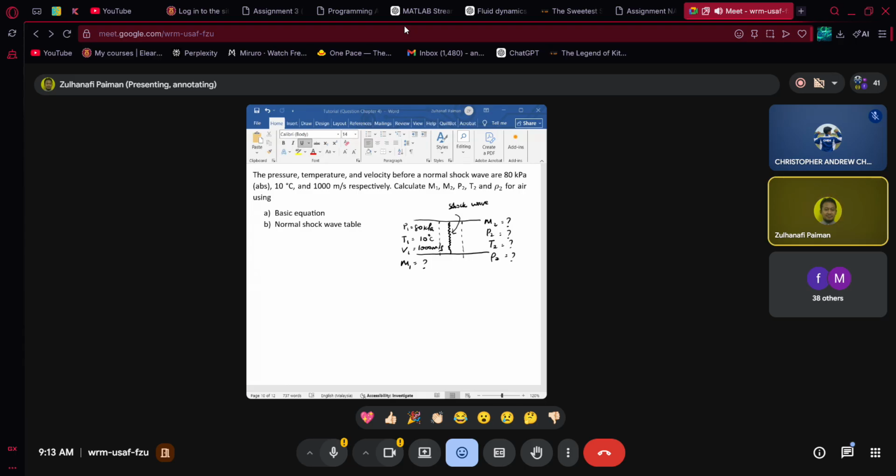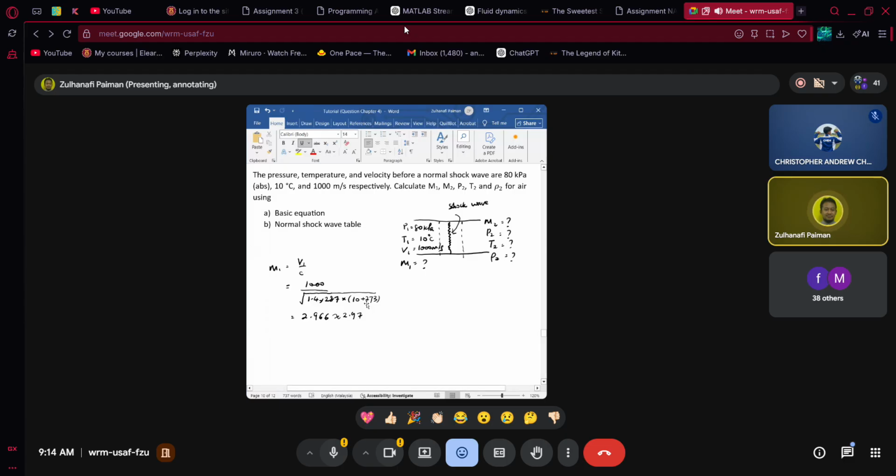Correct. So Mach number 1 is equal to V1 over C. So it is simply 1000 divided by the square root of k R T, with T being 10 plus 273. So you will get around 2.966 or maybe 2.97. The answer will be a bit plus or minus. So that is your M1.